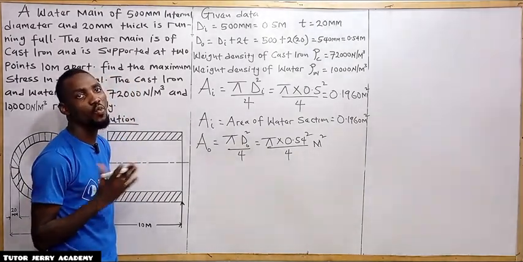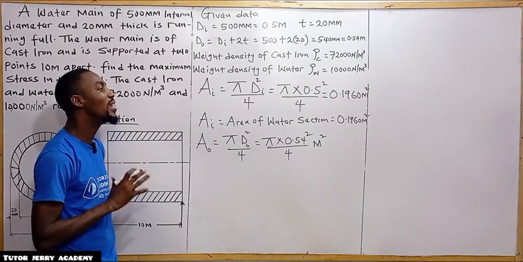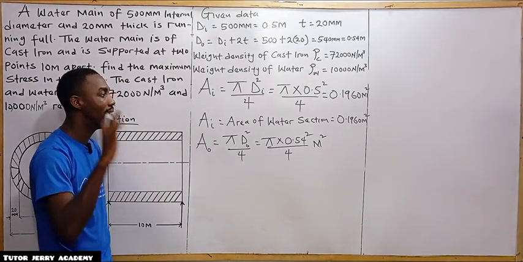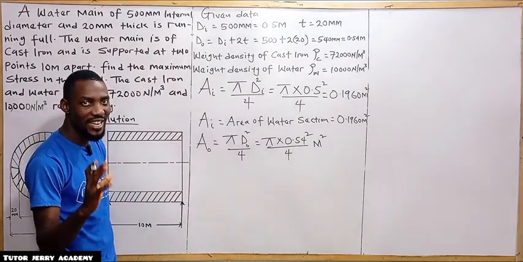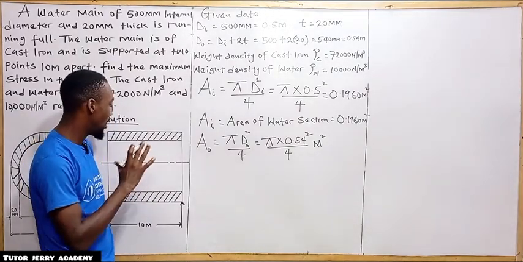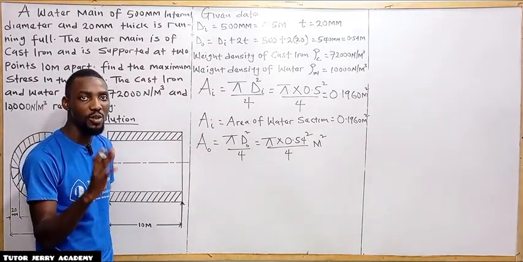Now, the next thing we are going to do is to calculate the area of the pipe section itself. You know, the pipe is cast iron, that is nothing but hollow.